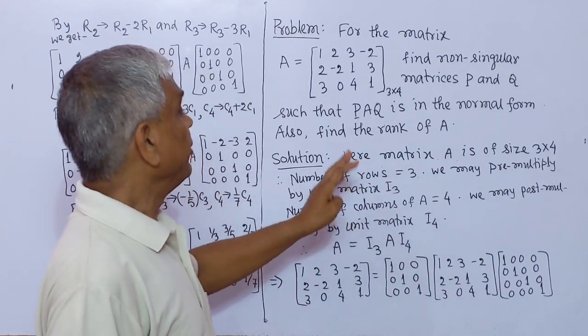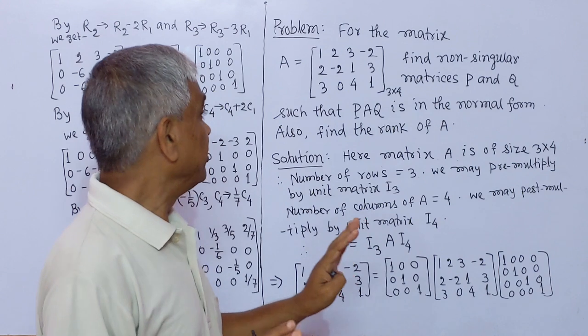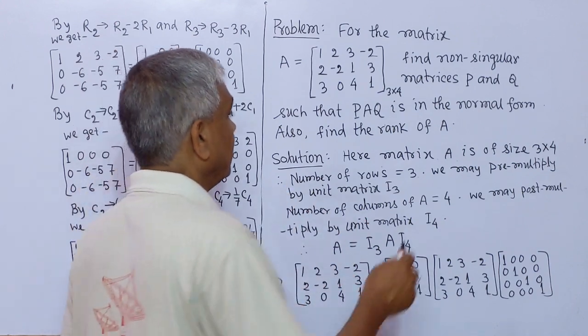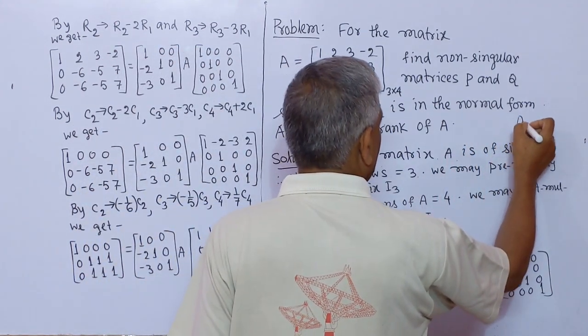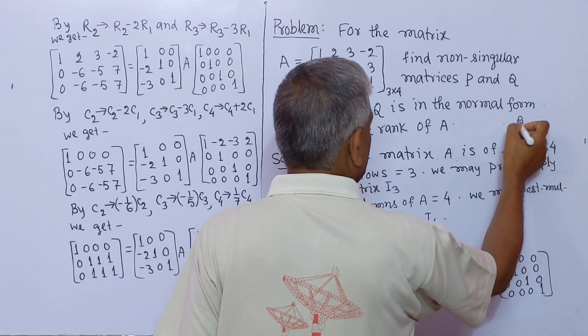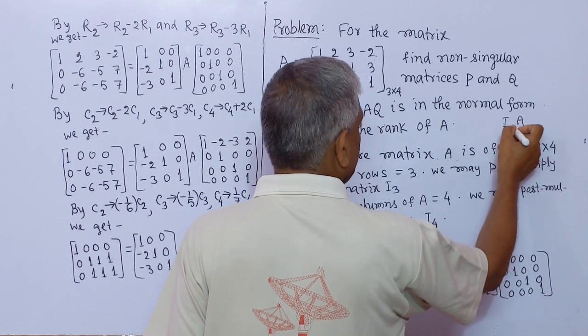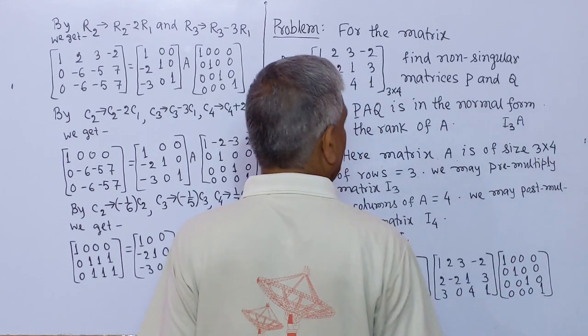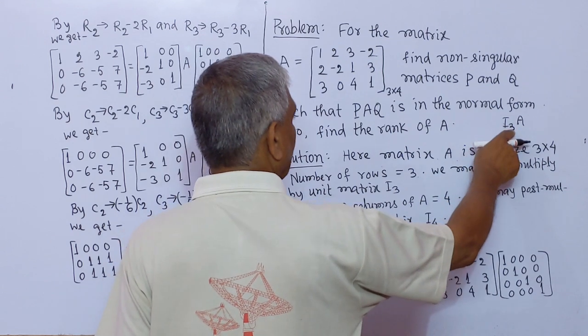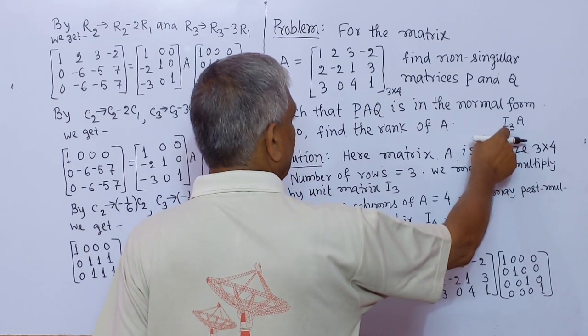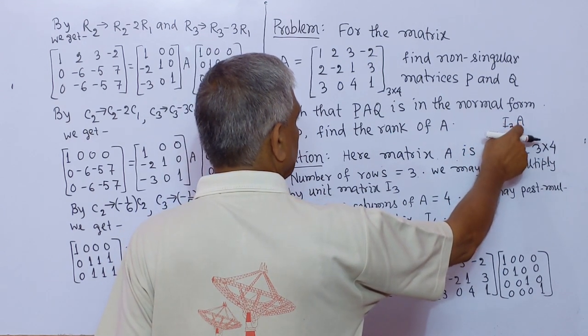So we may pre-multiply, meaning before A. Here this is A. If we pre-multiply A by a unit matrix, that unit matrix will be I3, meaning the number of columns of the unit matrix equals the number of rows of A.